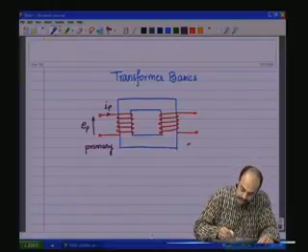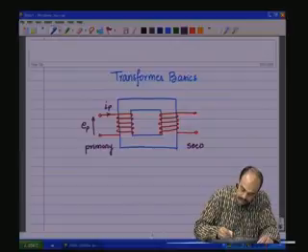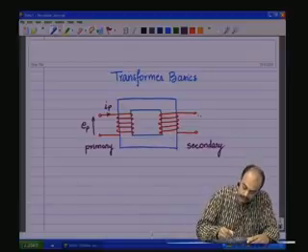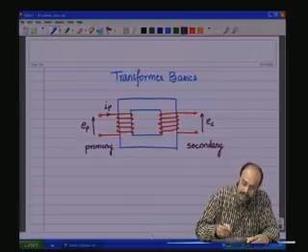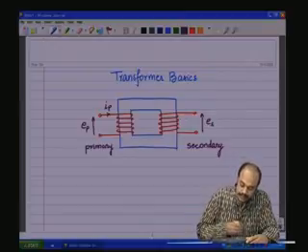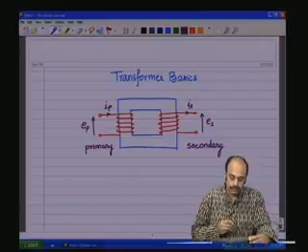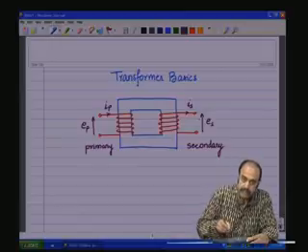Then on the secondary side we have, of course, the E secondary, the voltage across the secondary terminals, and the current through the secondary winding if there is a load connected.